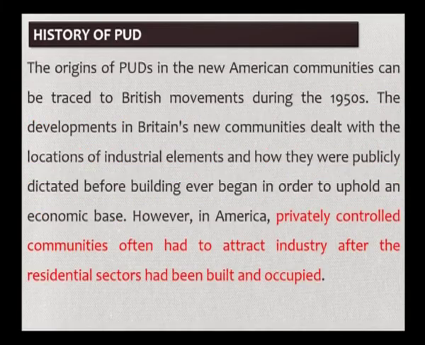The origins of PUDs in the new American communities can be traced to the British movements during the 1950s. The developments in Britain's new communities dealt with the locations of industrial elements and how they were publicly dictated before building ever began in order to uphold an economic base.